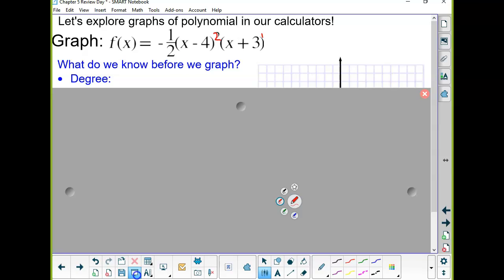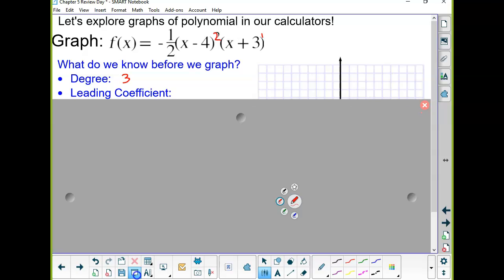Plus, you can always put a 1 here. And if you were to FOIL everything out, you would get a degree 2 from this part and a degree 1 being multiplied together. So it's actually going to be a degree 3. Now, right away, I hope in your mind you're thinking 1 arrow's up and 1 arrow's down. You're already assuming you kind of know what this graph is going to look like.